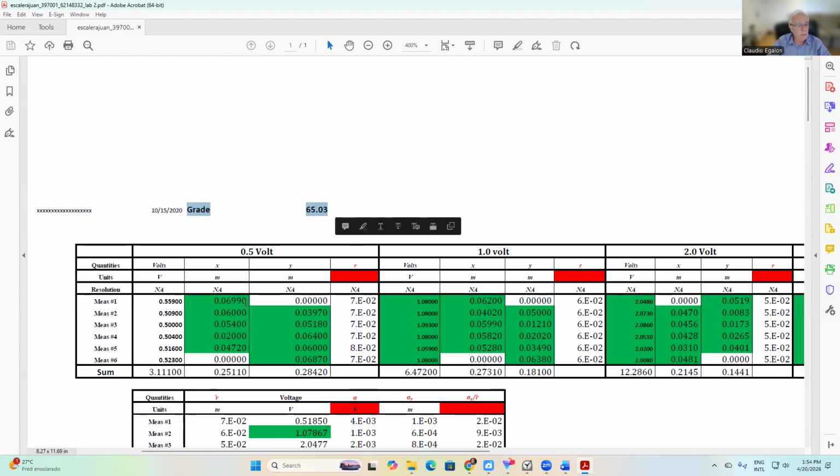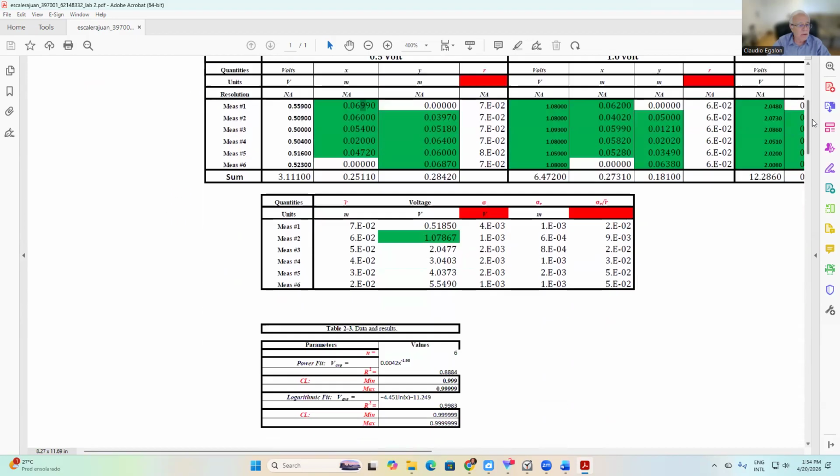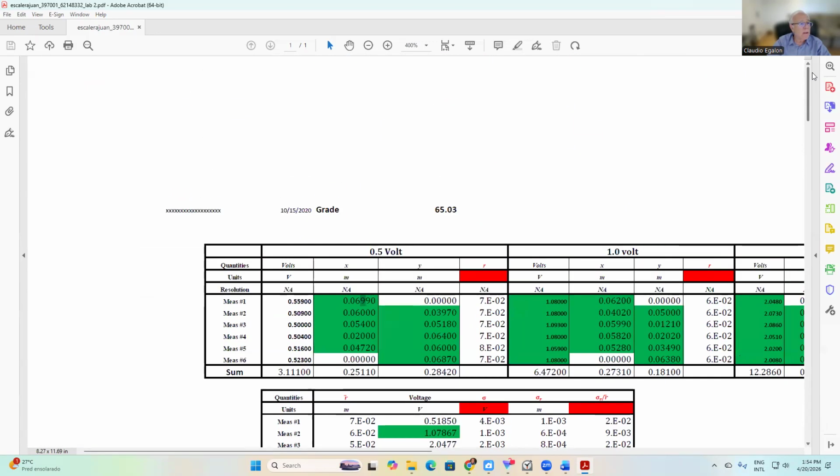And this student put too many digits. He was supposed to stop right in here, at the 3rd decimal place. But this student put 2 additional decimal places for the X. And what was the name of the student? I don't see. Oh, the name is right here in the title of the document.